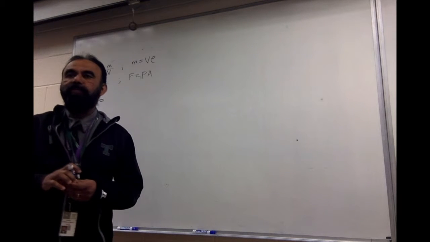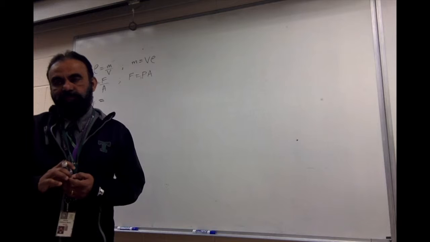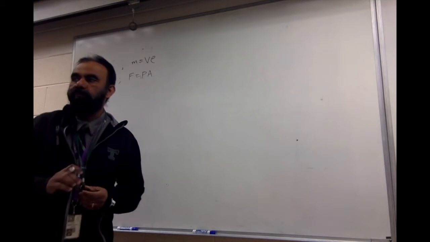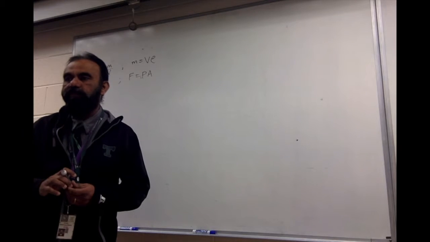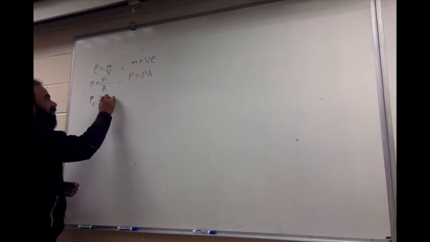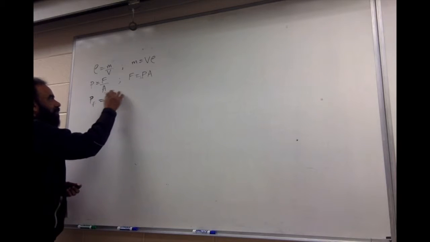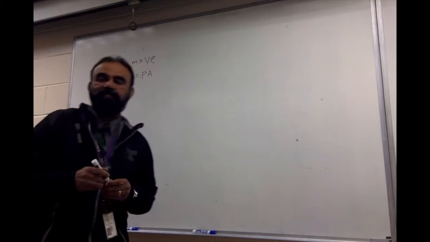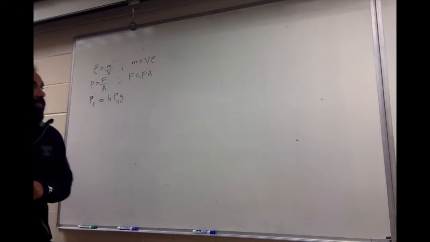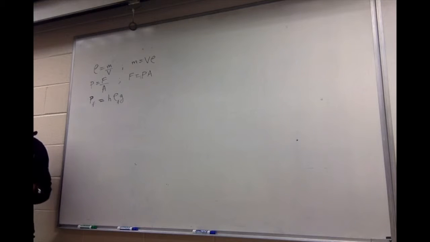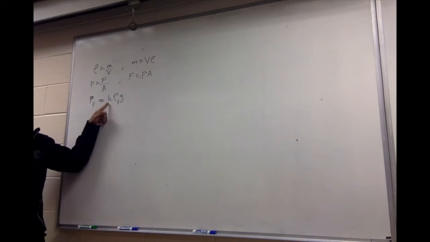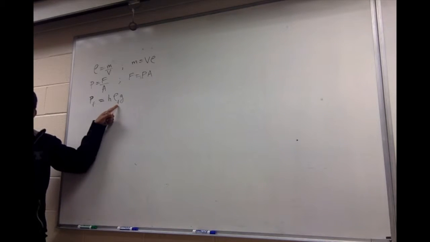The pressure in a fluid is height, or depth, times density times gravity. Check and see if you have that. So the pressure as you go down in a fluid is the depth you go times the density of the fluid times gravity.